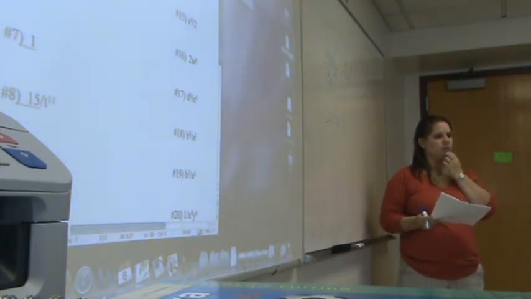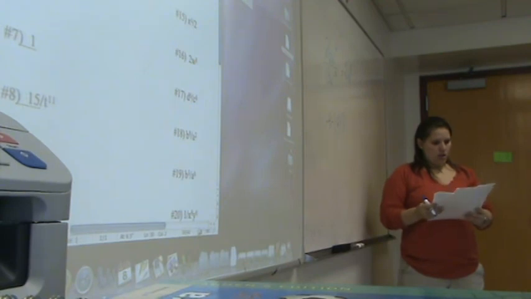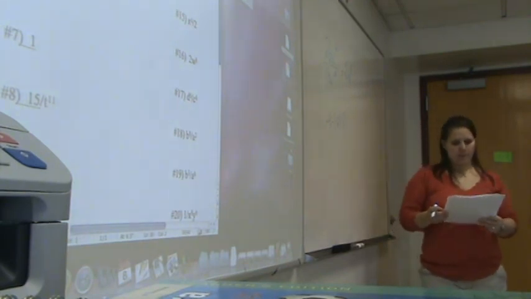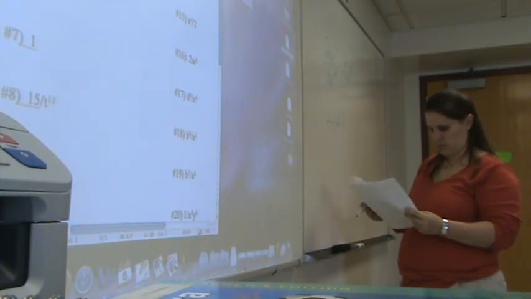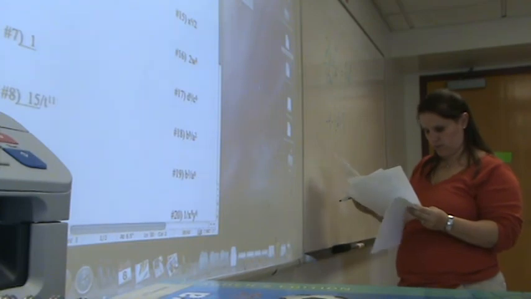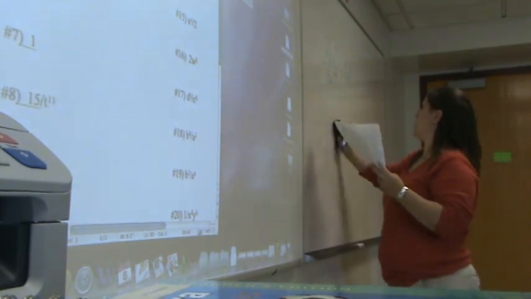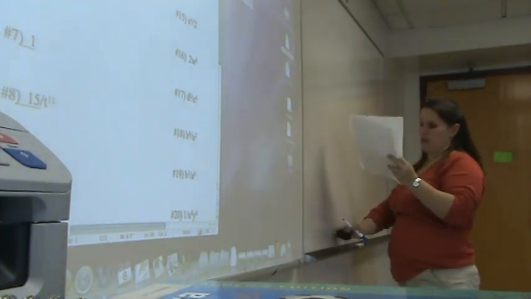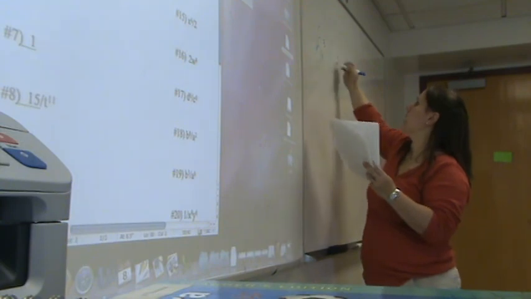And then from me, it was number 8. Read me the problem. 5a cubed times 5a to the negative 6. Okay. Oh, this is the one we were just looking at.